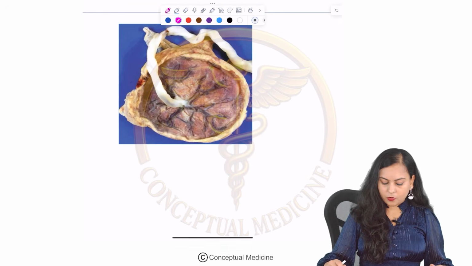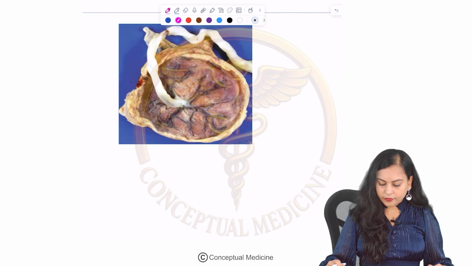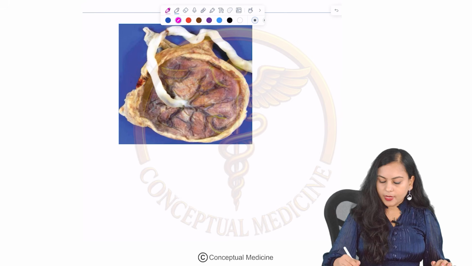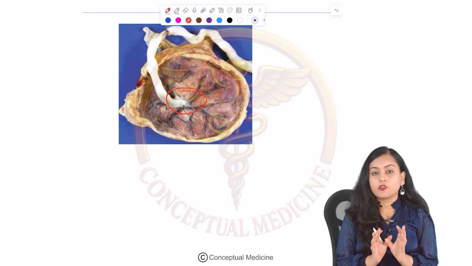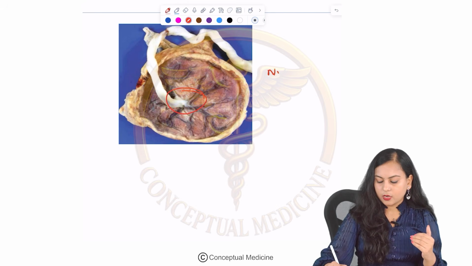Yes. Now, let us see about the umbilical cord. What we are seeing here is the normal attachment of umbilical cord. Normally, an umbilical cord is attached to the center of the placenta.